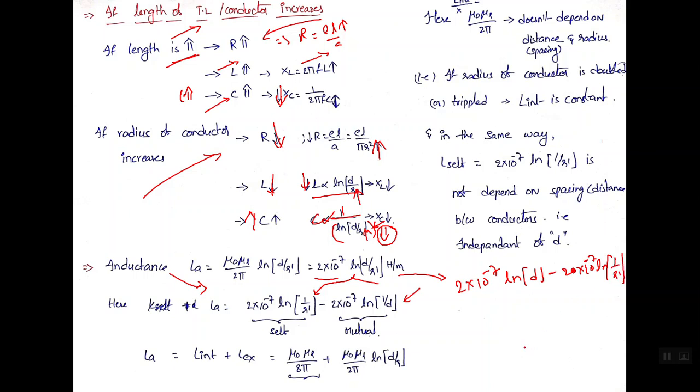Can we write like this? That is ln of a by b equal to ln of a minus ln of b. So now I am writing 2 into 10 power minus 7 ln of 1 by d.